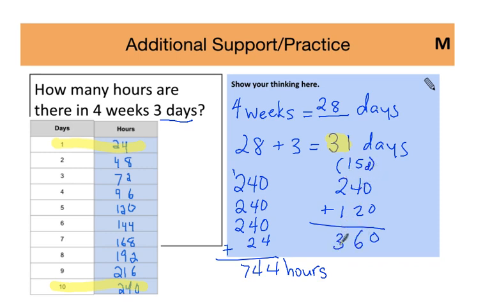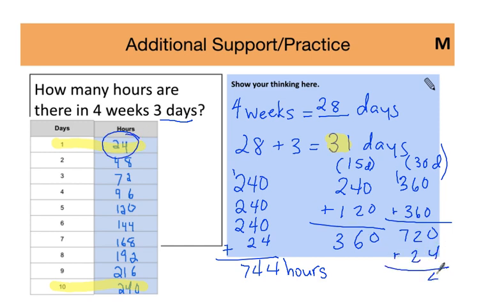And then if we go ahead and double that, that's now going to account for 30 days. 6 and 6 is 12. 3 and 3 is 6, plus 1 is 7. And then we need one more day, which we'd add 24 to. And we get that same answer of 744 hours.